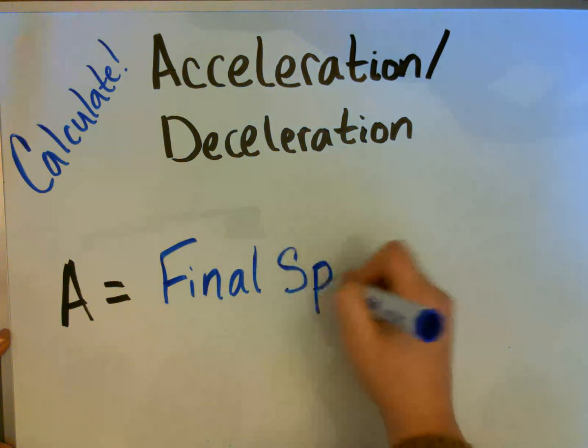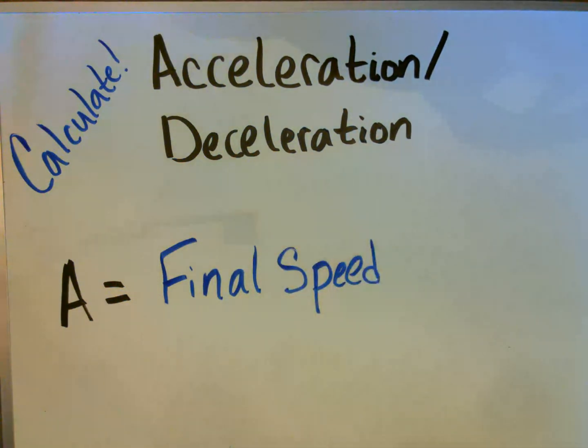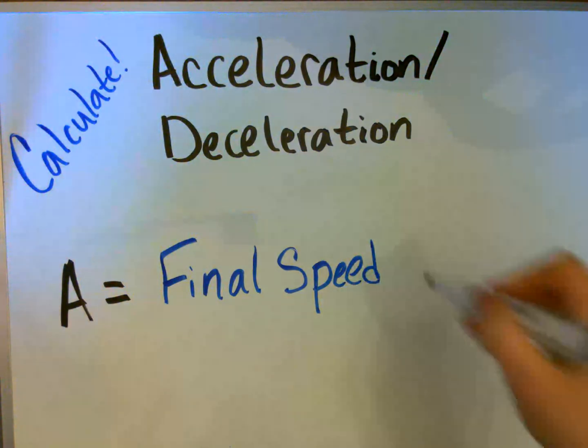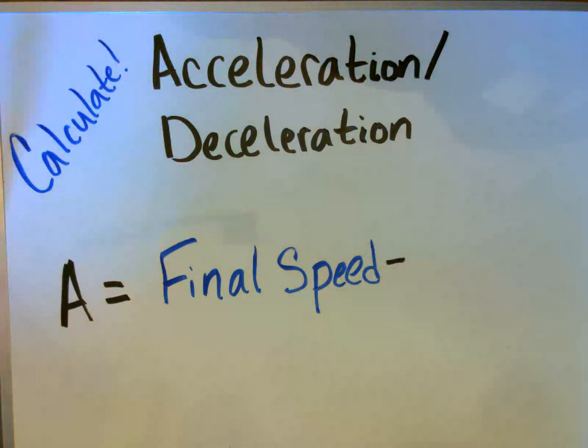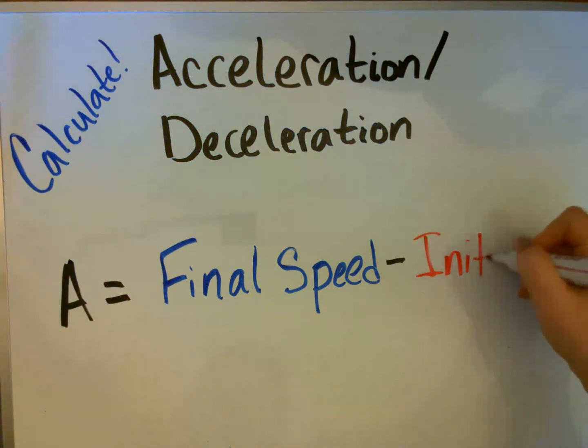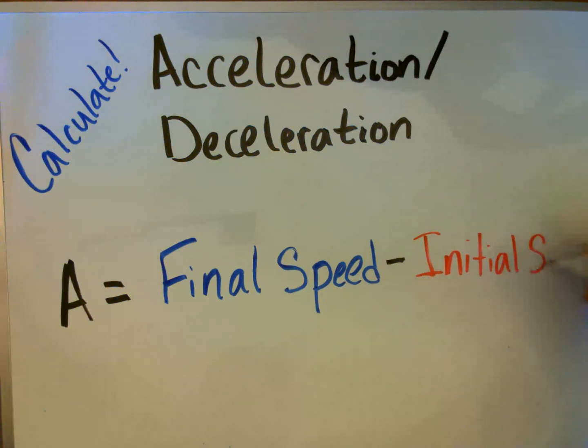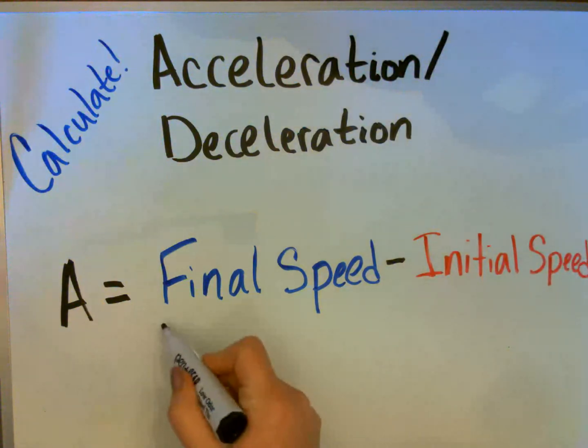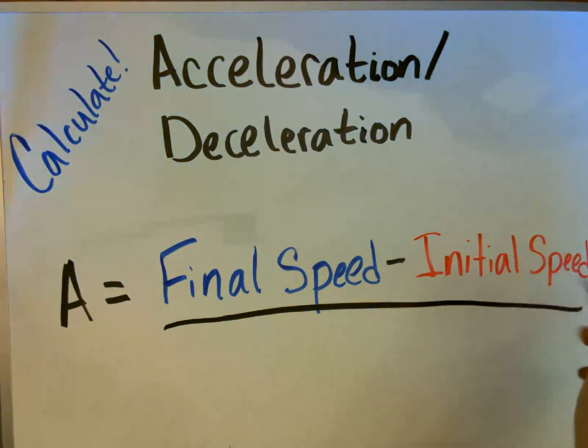Final speed minus initial speed, all divided by time.